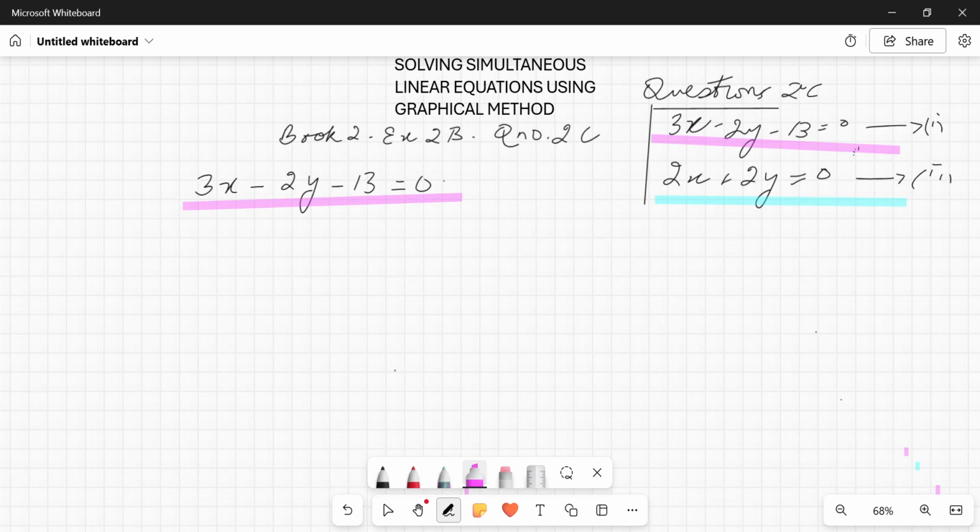So first of all, you need to arrange it. So how are you going to arrange this? 3x minus 2y is equal to minus 13, we shift it to the other side, so it becomes positive 13. Now students, you need to find the x and y values, the coordinates to plot on the graph.